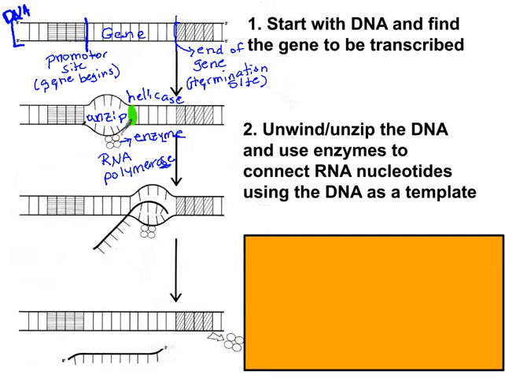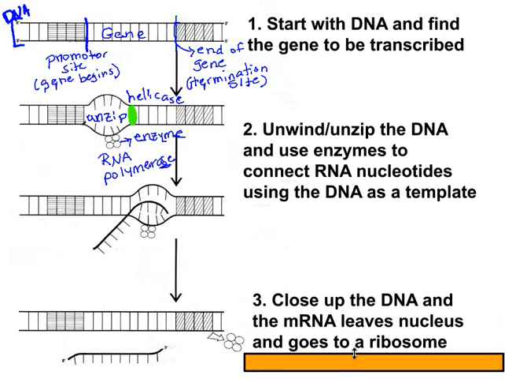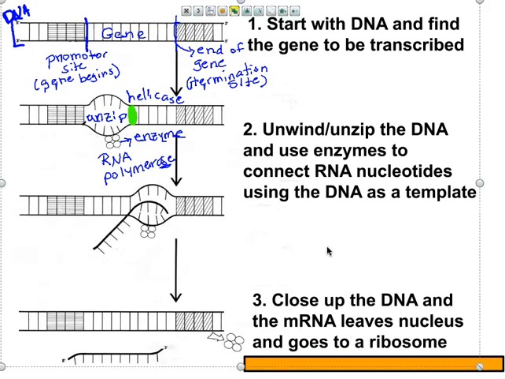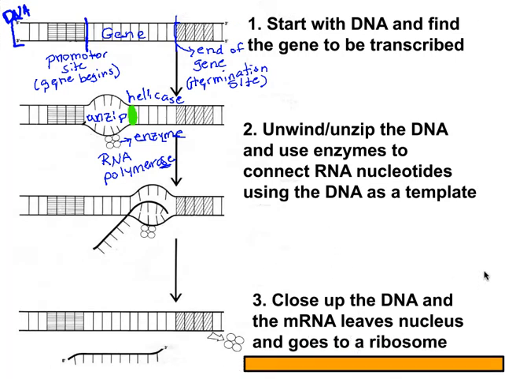So helicase is going to help us unzip, and the RNA polymerase is going to help us build our mRNA. And then our last step is to close up our DNA, and the mRNA is going to leave our nucleus and go to a ribosome.